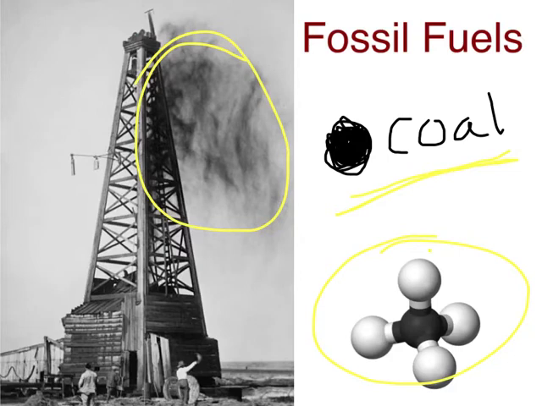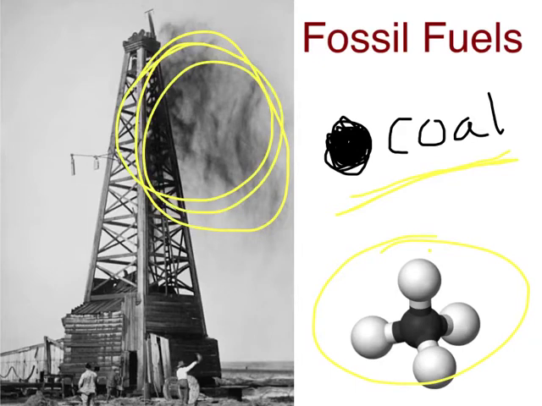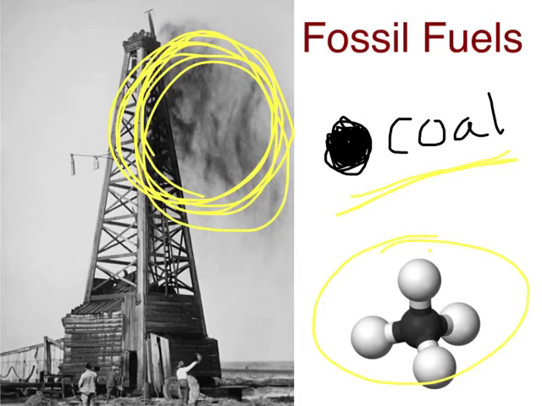Now, interesting to note, many of the fuels that we actually use come from this oil right here, which is called crude oil. And crude oil is a mixture of many different organic compounds. What we do essentially with that oil is we separate those organic compounds into individual types of fuels. For instance, we can separate the crude oil into things like kerosene, diesel, gasoline, propane.